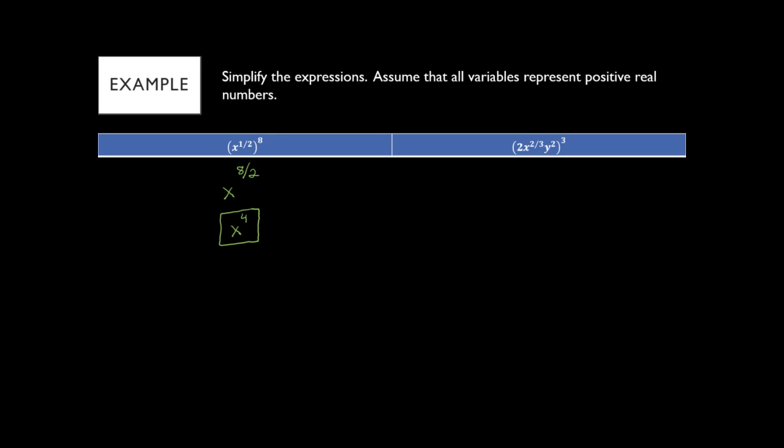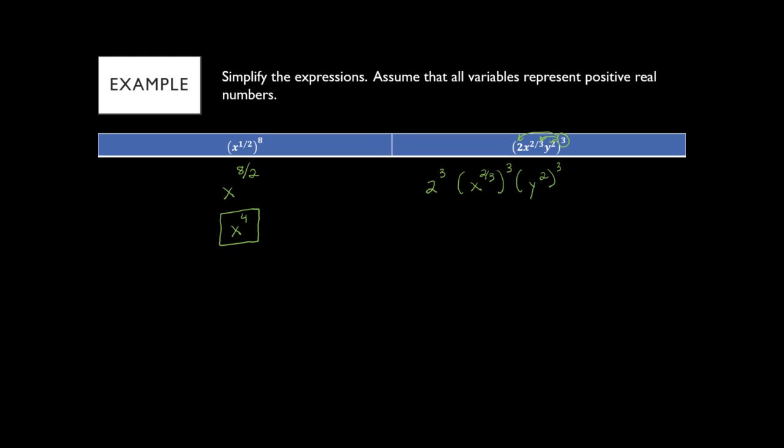Now on the right, I've got this exponent of 3, and I need to distribute it to everything inside the parentheses. So it's helpful to rewrite them all separately. 2 gets the exponent of 3 on the outside. Then I have x to the 2/3, which gets the exponent of 3 on the outside. And then y squared gets the exponent of 3 on the outside.